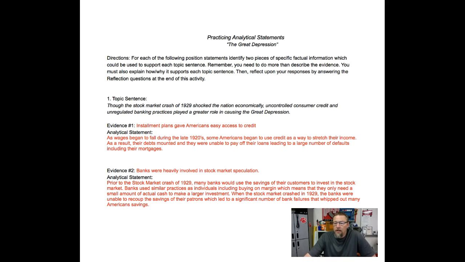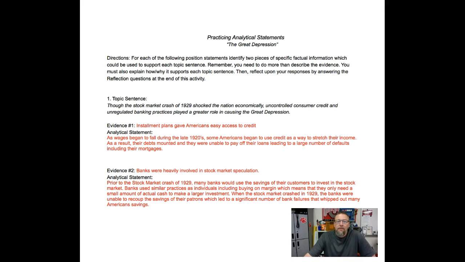When the stock market crashed in 1929, the banks were unable to recoup the savings of their patrons, which led to a significant number of bank failures that wiped out, not whipped out, but wiped out many Americans' savings. So that supports our statement there for banks were heavily involved in stock market speculation.